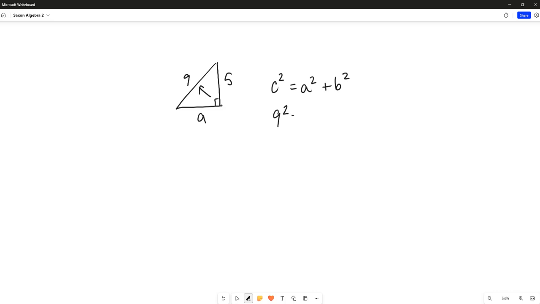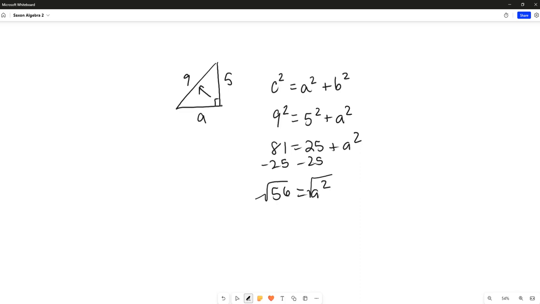So it's going to be 9 squared equals 5 squared plus A squared, which is 81, 25. I'm going to subtract 25 from both sides. Which would be 56. And then we'll take the square root of both sides.